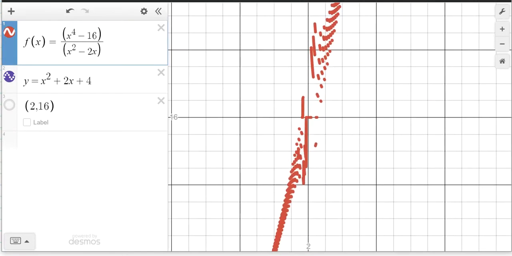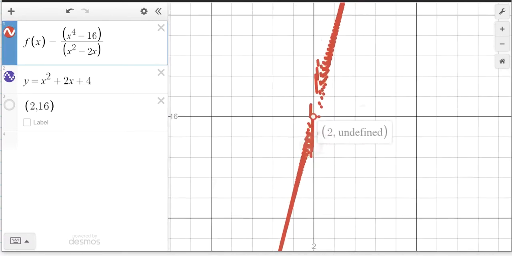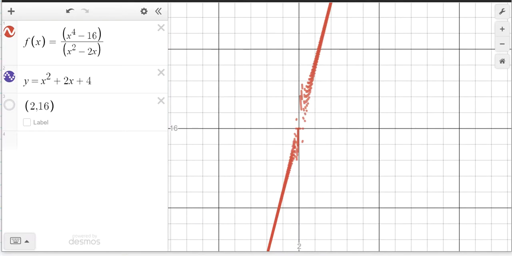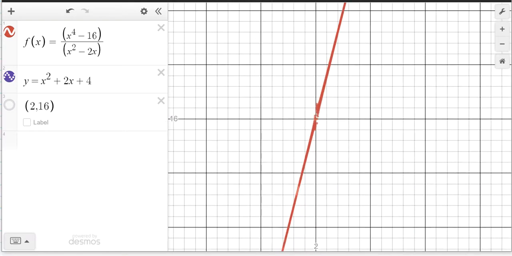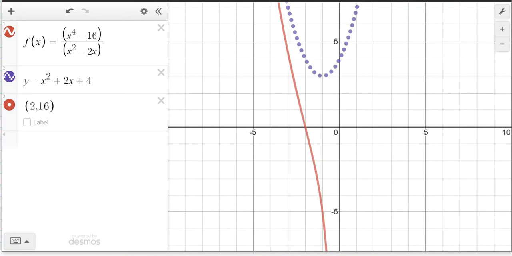And if I were to try to click and drag my pointer on a data point as we get close to this position, we keep getting notified that at an x value of 2, the calculated y result is undefined. And so there's kind of a visual representation. Well, may not be the most accurate representation, but at least it's visual confirmation that there is a hole at that point in the graph.